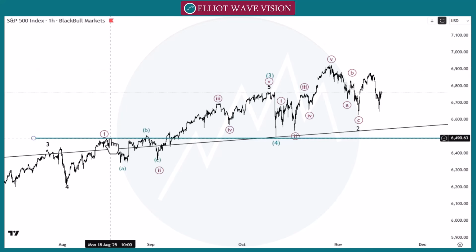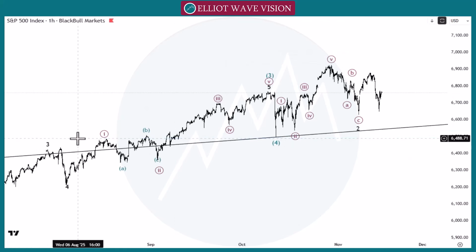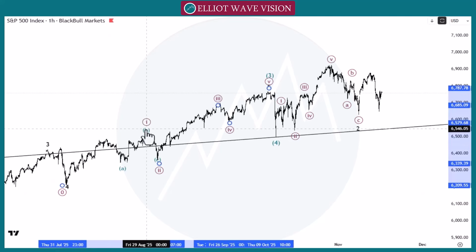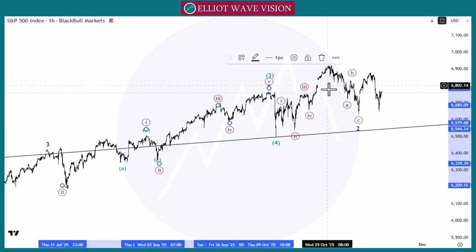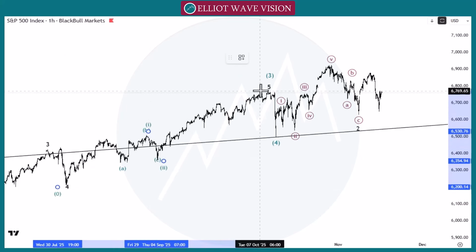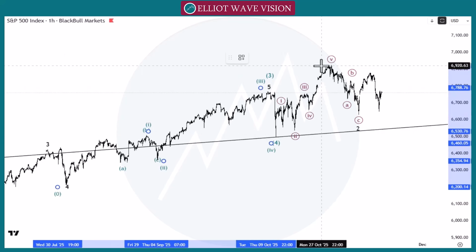If you see, this wave 1 and this wave 4 overlap at this point, or we count A, B and C as wave 1 at this point. If this is the case, wave 1, 2, wave 3, 4 and 5, we count like this: wave 1, wave 2, wave 3, wave 4 and wave 5.